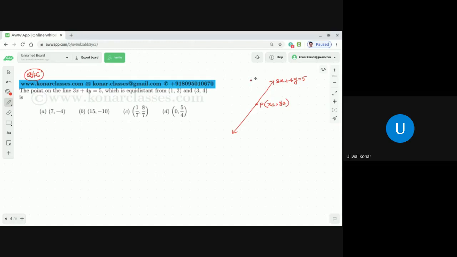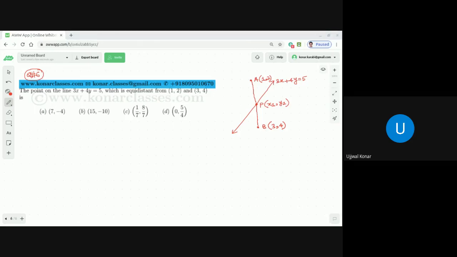Suppose there is a point A with coordinates (1, 2), and a point B with coordinates (3, 4). So that means AP is equal to PB. And what we need to find is the coordinates of the point P, that is (x1, y1).